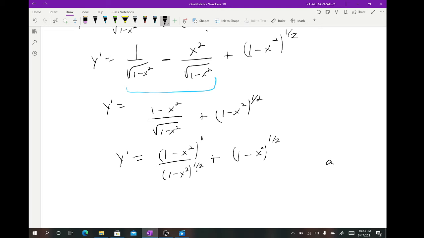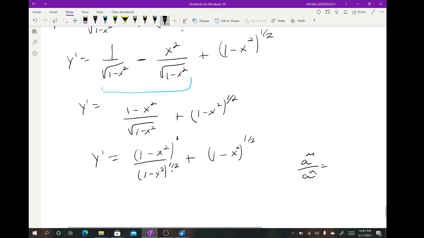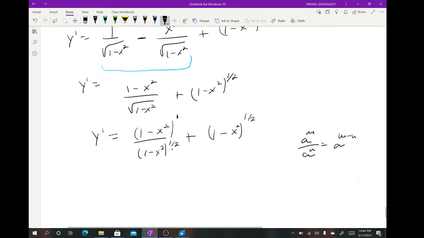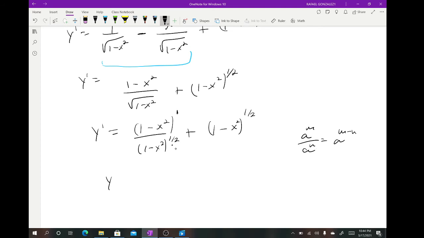And if you recall from college algebra, if you have two like bases and you're dividing one by the other, you just subtract the exponents, so you have m minus n. So you take from the top. So what this is going to be equal to is (1 minus x squared) to the power 1/2 plus (1 minus x squared) to the power 1/2. And this is because, again, 1 minus 1/2 is equal to 1/2. So that's where we get this.